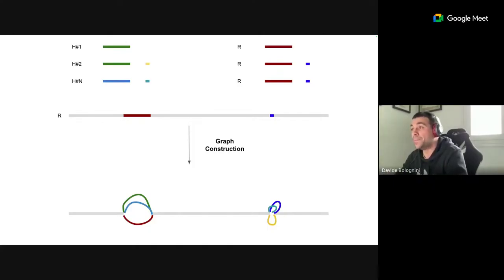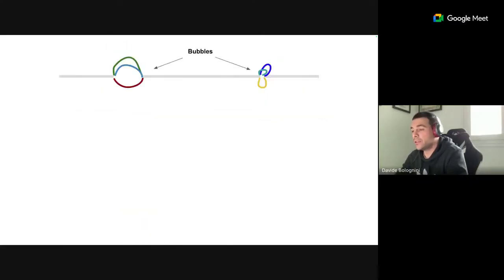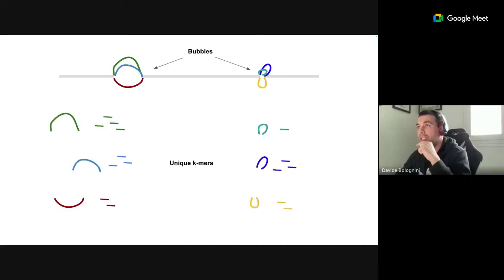So what PanGenie then does, for each bubble, is determine a set of k-mers that uniquely characterize the bubble itself. This is done by counting all the k-mers along the haplotype paths and then determining a set of k-mers for each bubble that occur at most once within the variant bubble itself.